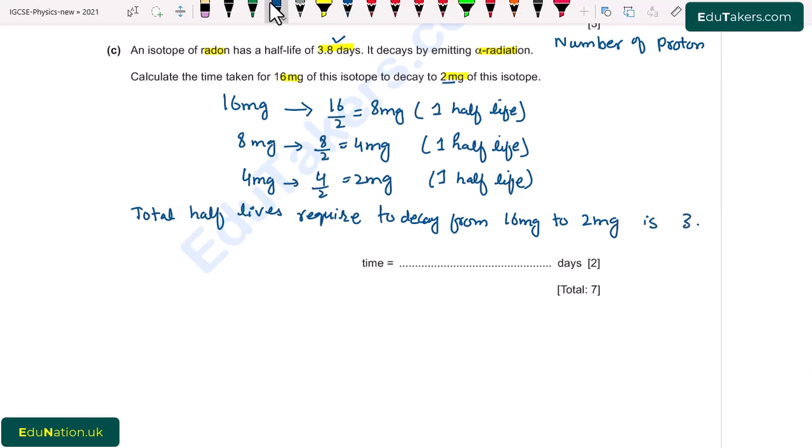So the total time taken will be equal to, there are a total of 3 half-lives and 1 half-life is equal to 3.8 days. So I multiply it with 3.8 days and it comes to be 11.4 days. So the time will be equal to 11.4 days.